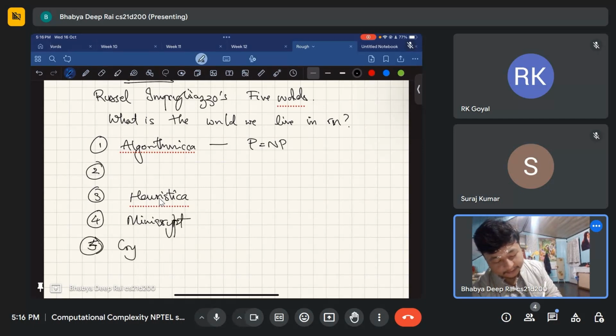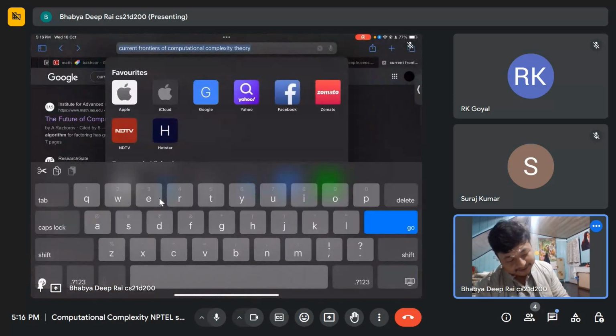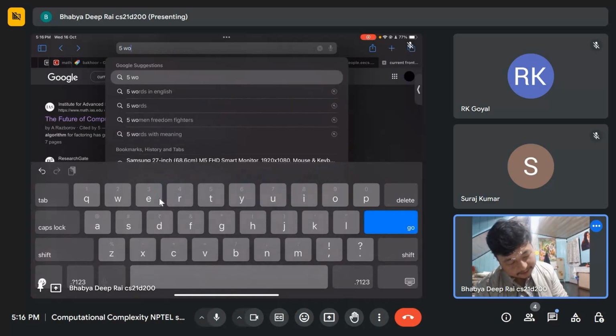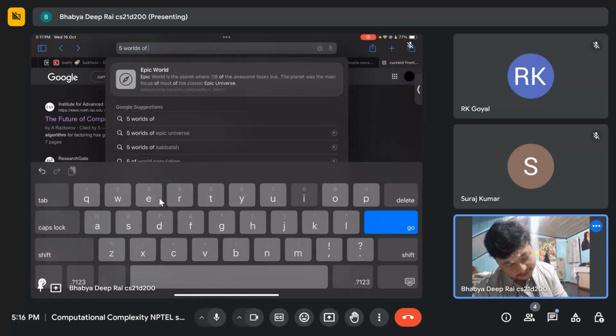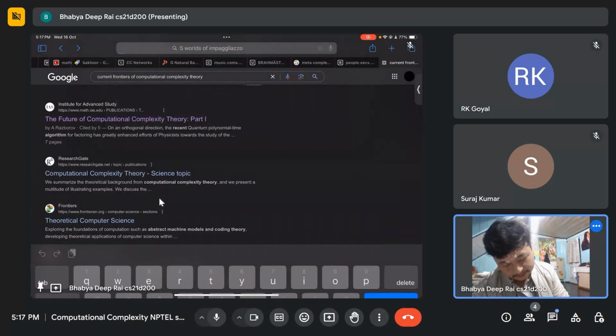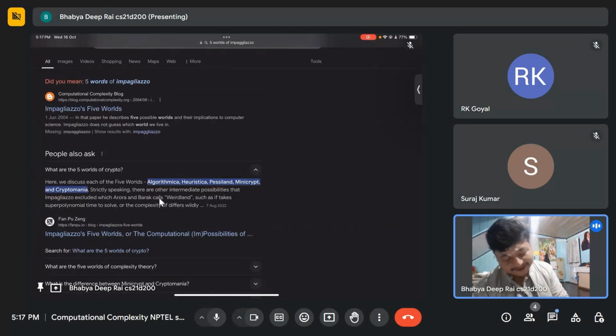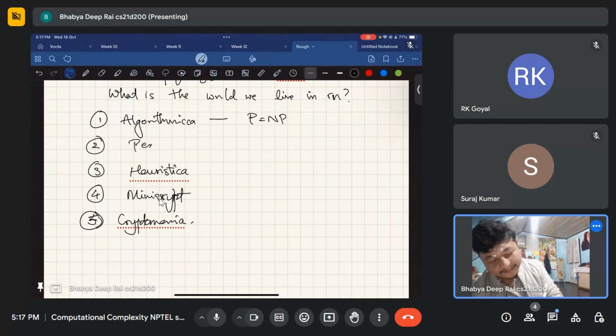You can look it up. And there is one more, which is when P is not equal to NP, Pessiland. Pessiland is when P is not equal to NP.